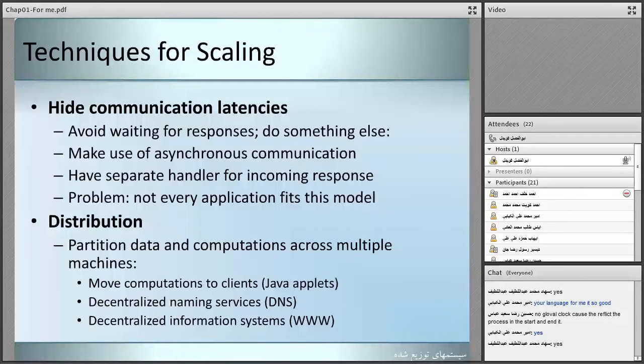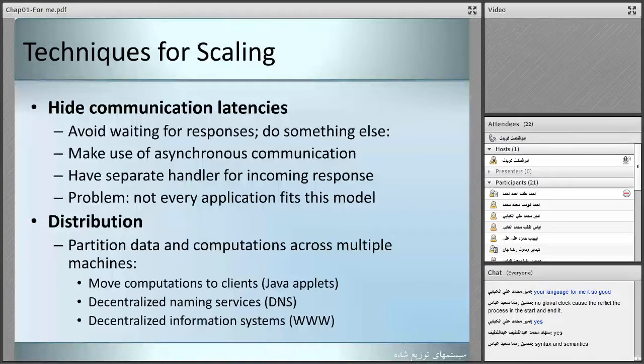Some other techniques for scaling: hide communication latencies, avoid waiting for responses, do something else. You send a request to a server from your client, and you can wait until you receive the response. It's not a good idea.